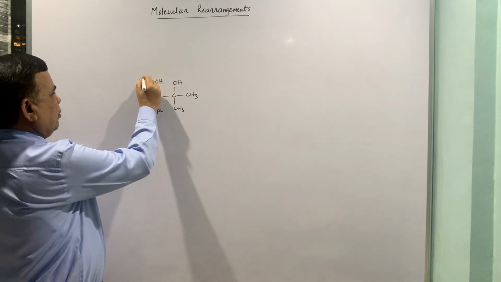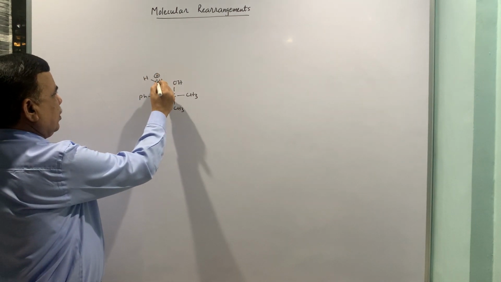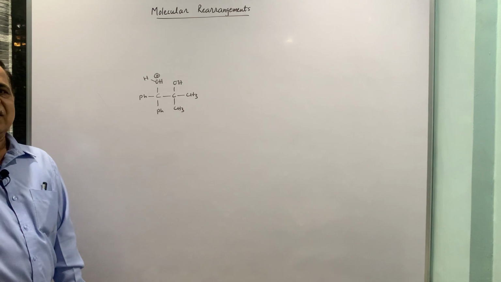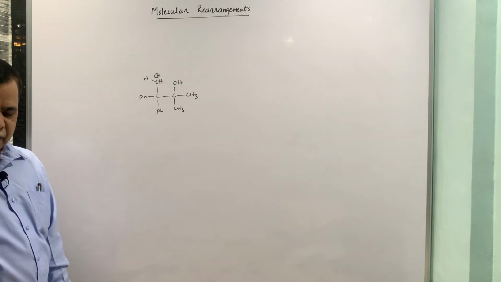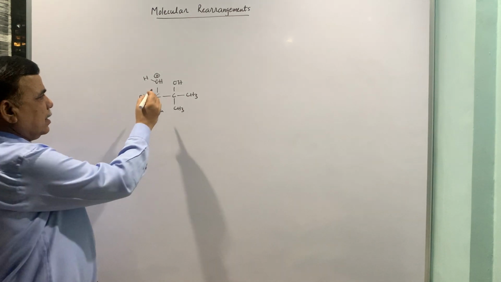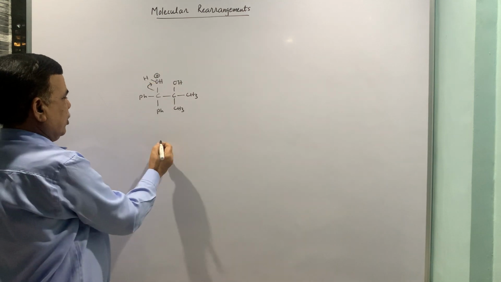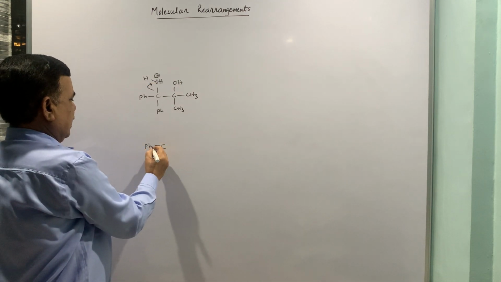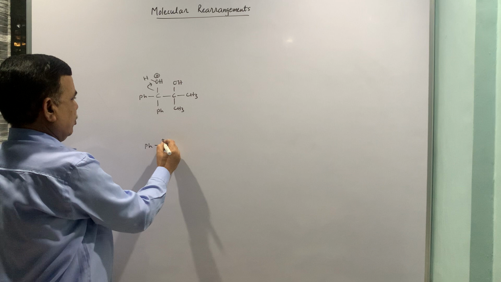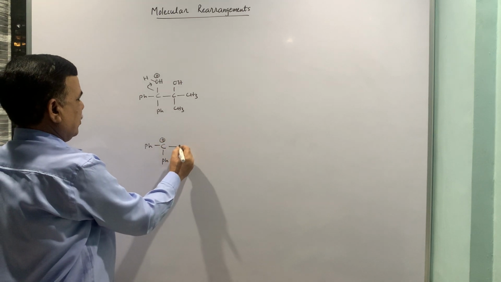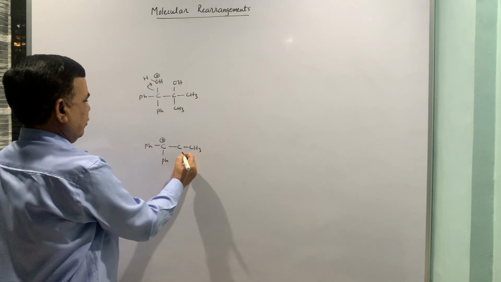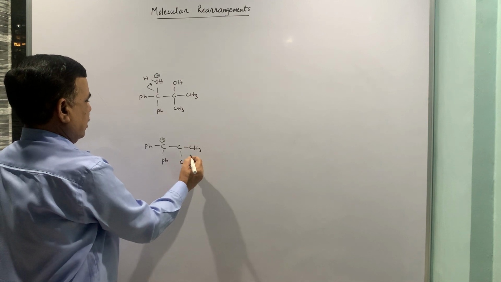First of all, the protonation of one of them, preferably the one where more stable carbonium ion is generated, and that is this one, because this carbonium ion would be benzylic as well as tertiary. So this is going to be more stable than the other carbonium ion, which is theoretically possible.